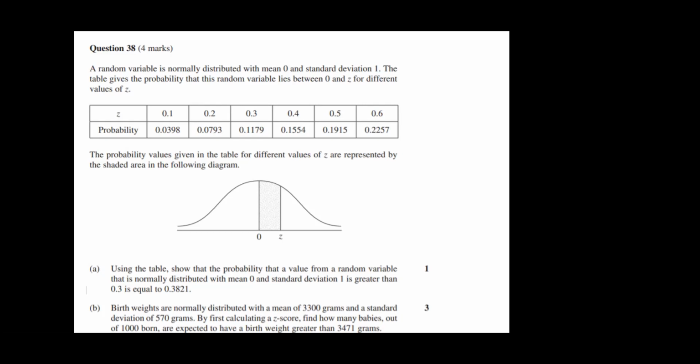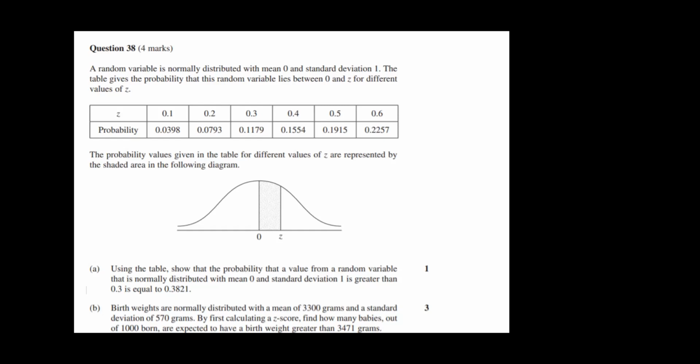Some of them actually went further than what they needed to. They said the whole probability was 1 minus a half, because we didn't need the whole of the left-hand side, minus the probability of 0.3. That gave them the correct answer.